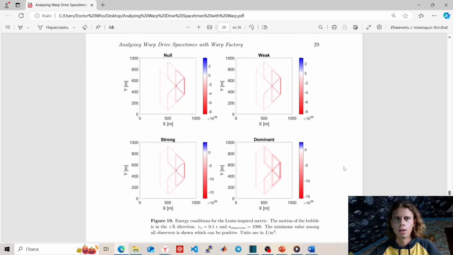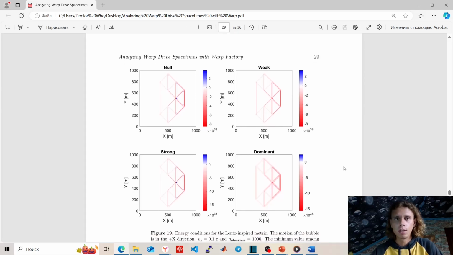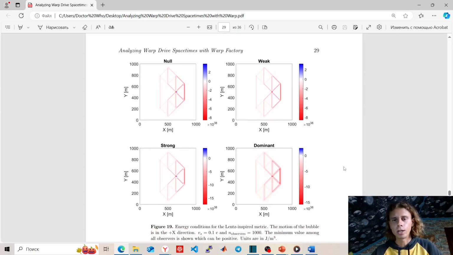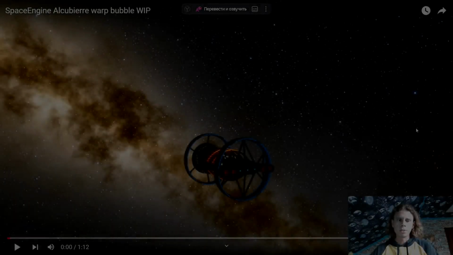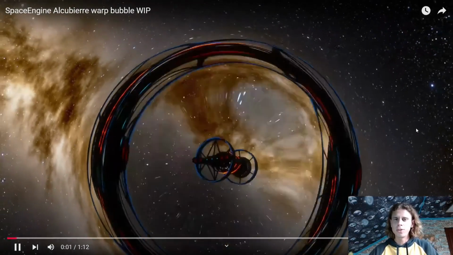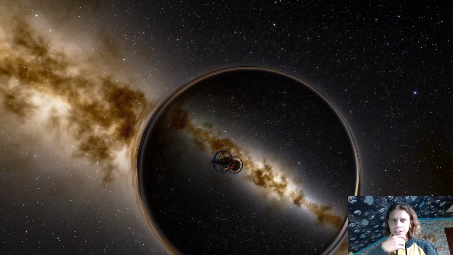A much better idea is to create a numerical solver that is able to optimize your metric and automatically find the best metric with minimum exotic matter requirements. And this is all about Warp Factory, and this is what we're going to talk about right now. But before we do this, let me show this cool animation.